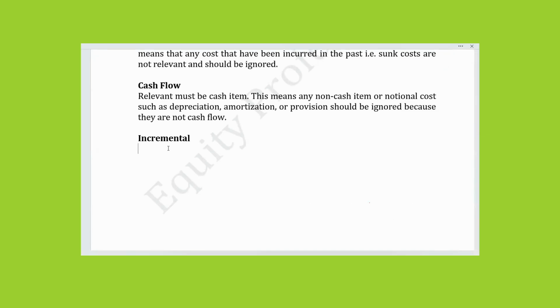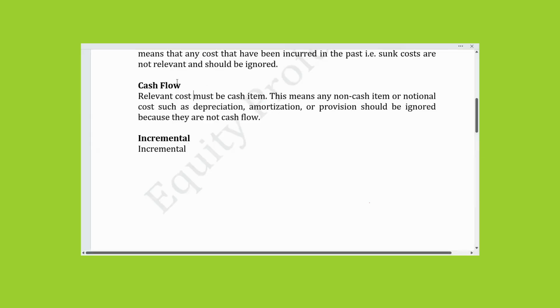Cynthia, talk to me. Just a small typo. Relevant costs must be cash items.